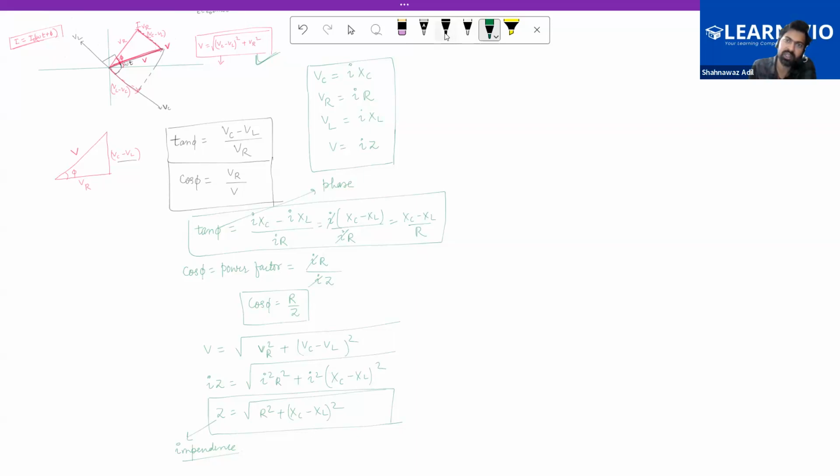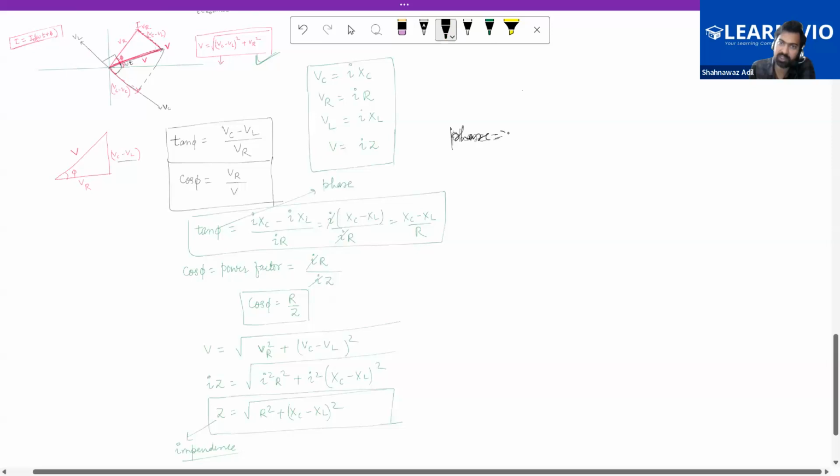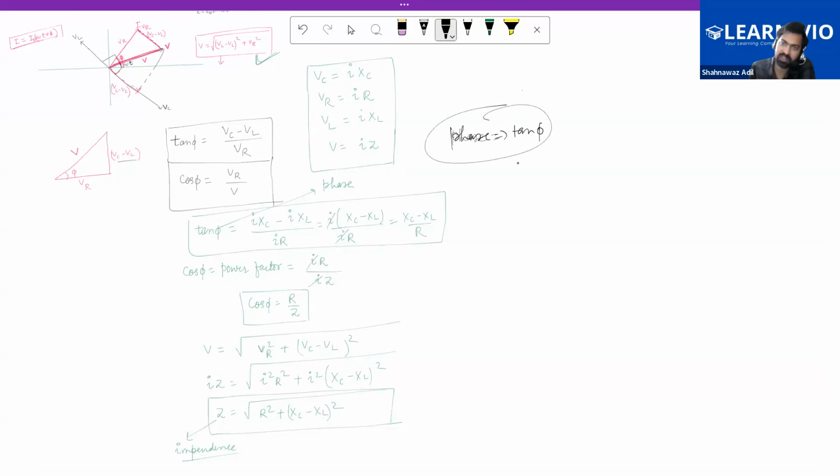Whenever they ask what is the phase, phase is calculated using tan phi, because phase is phi. You calculate phase using this, or you use this.